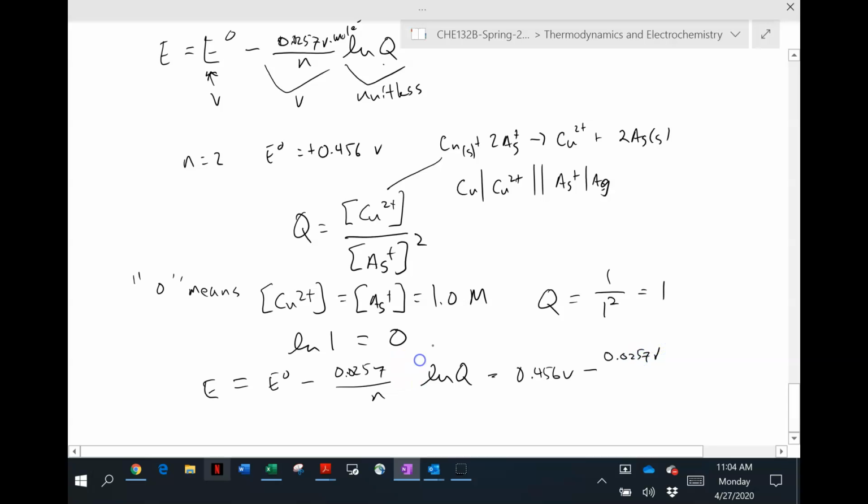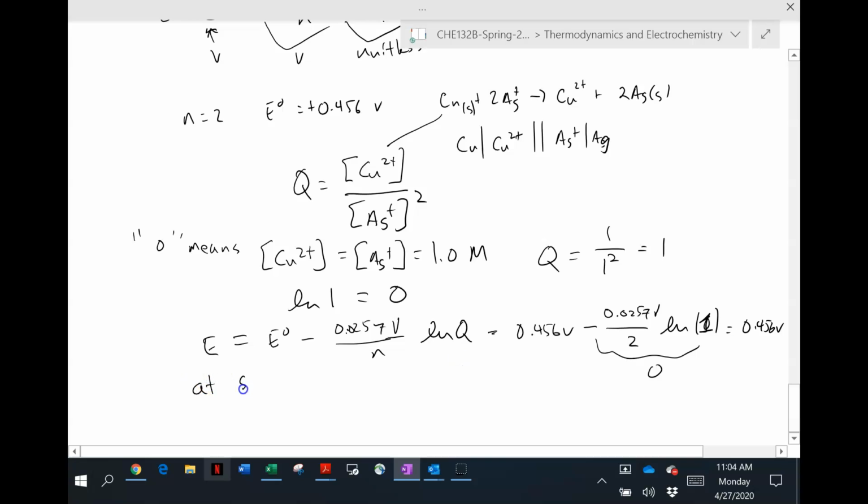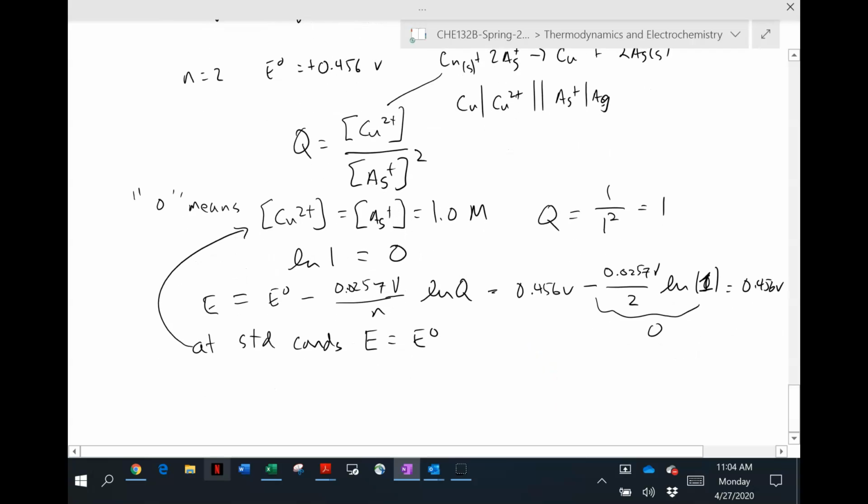Okay, I'm getting confused. Volts, not millivolts. Over 2 times ln of 1. That means this whole term becomes 0. So it's just 0.456 volts. And so what that means is standard conditions, E is E naught. Kind of no surprise, but just playing that out.